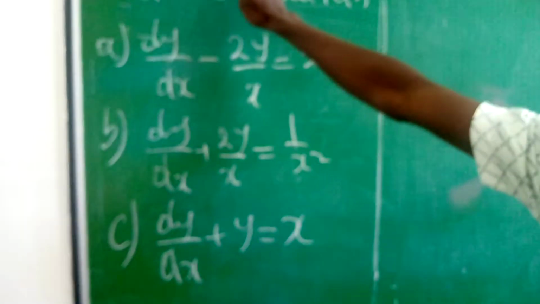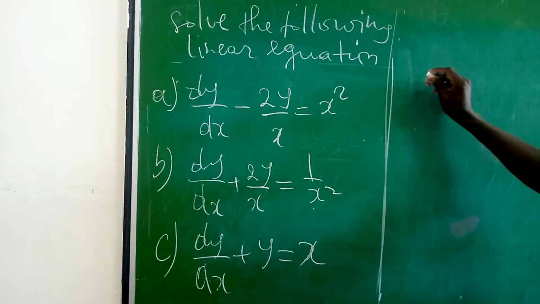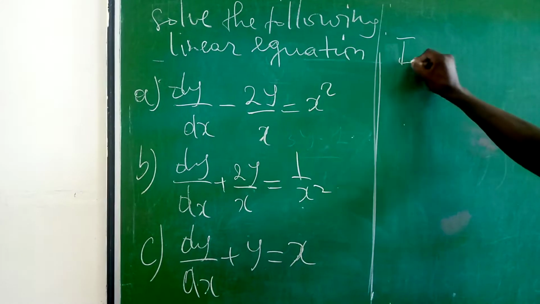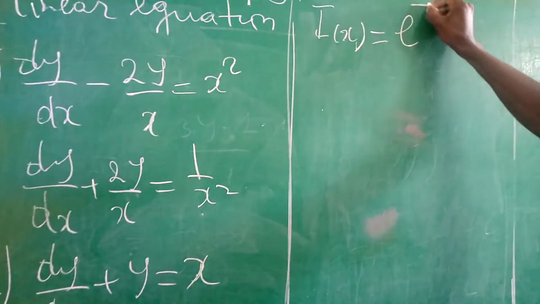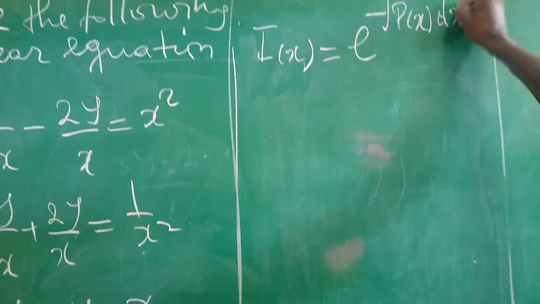We are going to solve the following linear equations. To solve a linear equation, we have to remember some formulas that we use. Here there is the integrating factor I(x), which will simplify our equation, equal to e to the integral of P(x) dx.